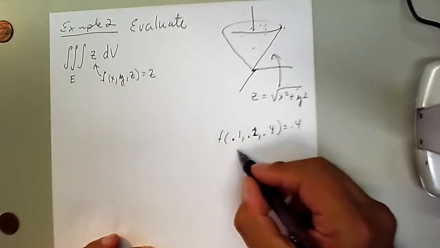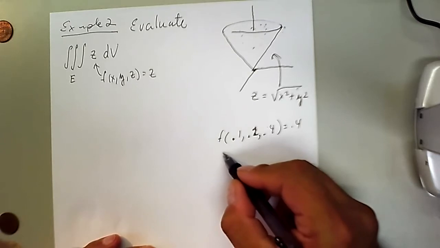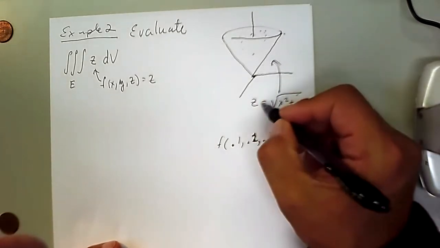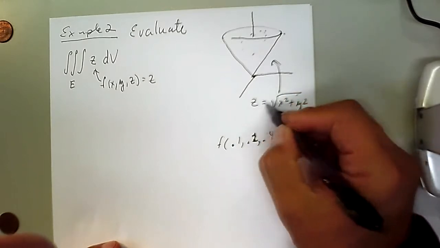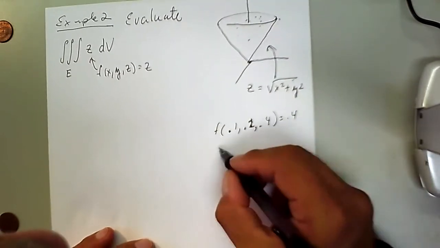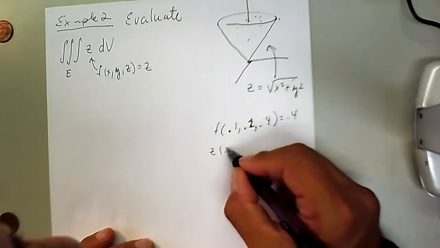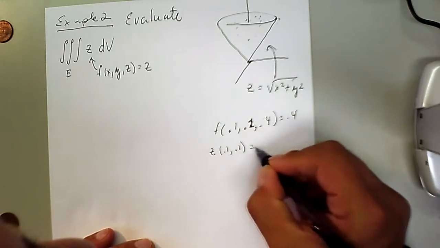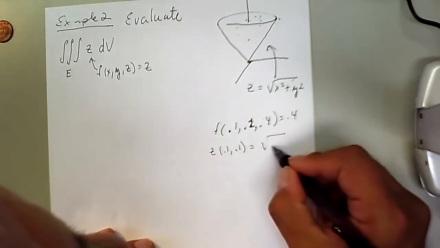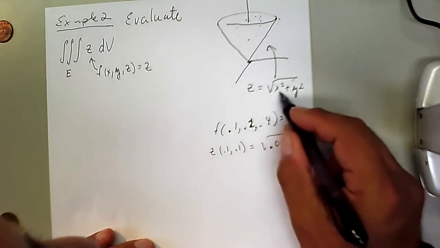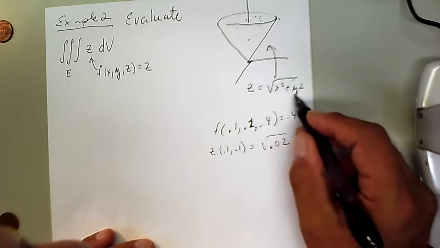Yet if you evaluate the output of this z at 0.1, 0.1, that's going to give us the square root of 0.02. When we square 0.1, we get 0.01. When we square the other 0.1, we get 0.01.